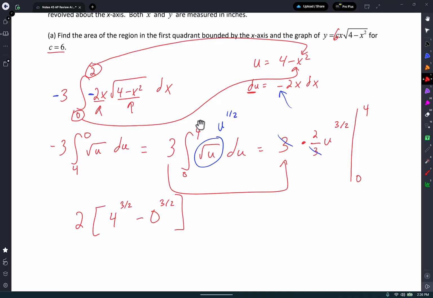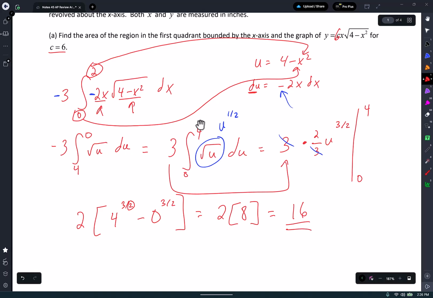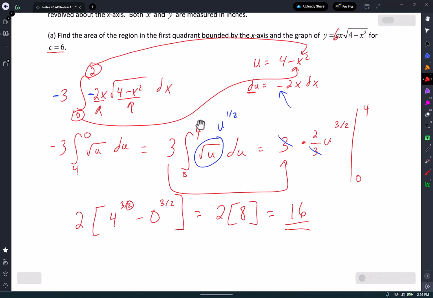I think we should continue, but that's just me. 2 times, you can actually do whichever one you want first, but I'm going to do the 2 first. The square root of 4 is 2, and then 2 to the 3rd power. There it is. And 2 times 8, that's my answer. So you got to know a little bit of algebra, but it's doable.